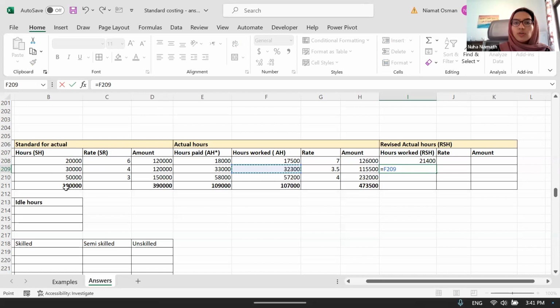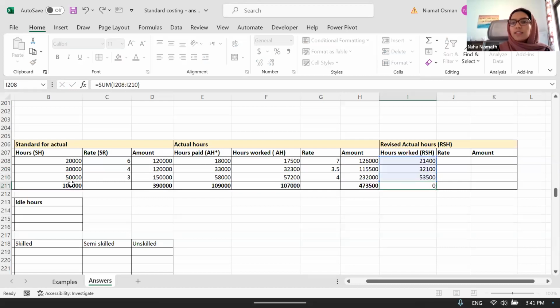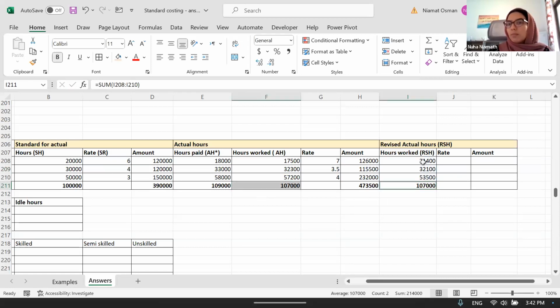Similarly, we will do for all three: into 30 by 1 lakh, into 50 divided by 1 lakh. That will give me my revised standard hours. Clear? You can see that the total is the same, but the proportion has changed.